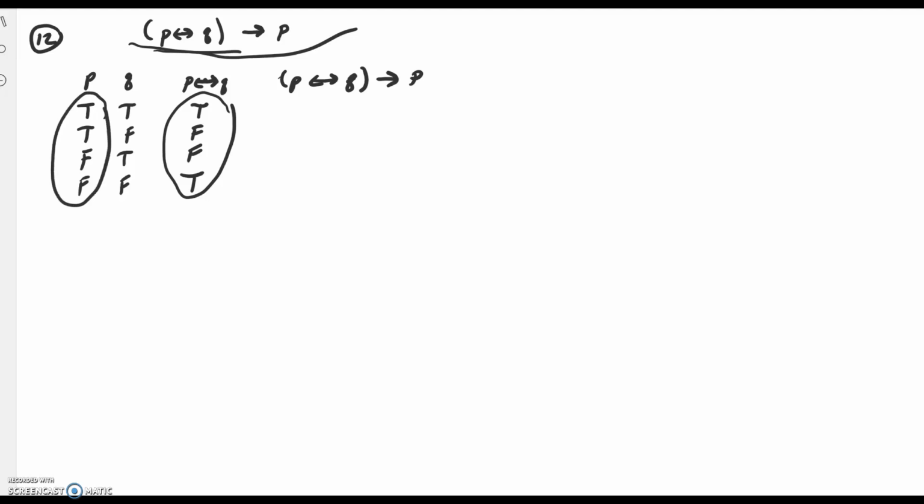Now the only way that this can be a broken promise is if the first part of this promise right here is true and the second part's false. That's the only way it can be a broken promise. So here we have the first part being true and the second part being false. That's a broken promise. The rest of these are okay. They're not broken promises. And so this is the resulting truth table for this problem, number 12.